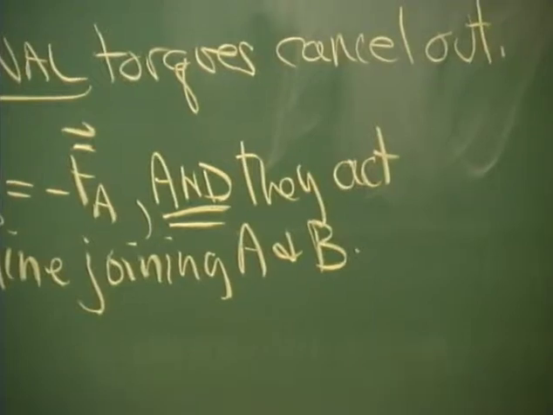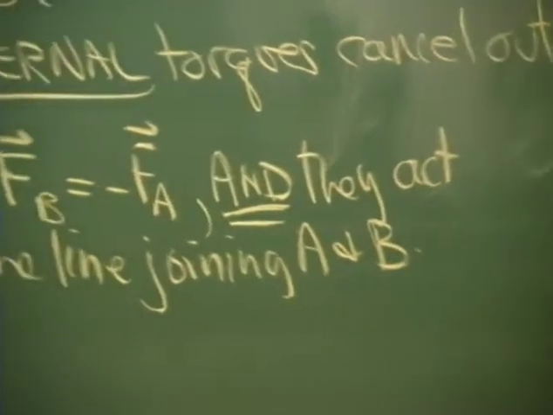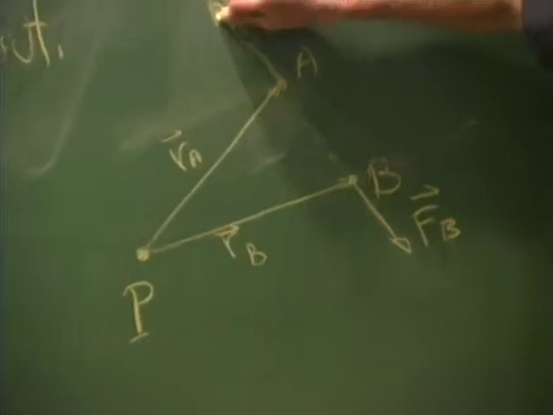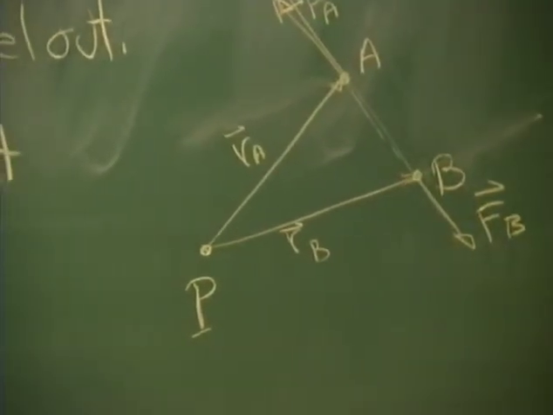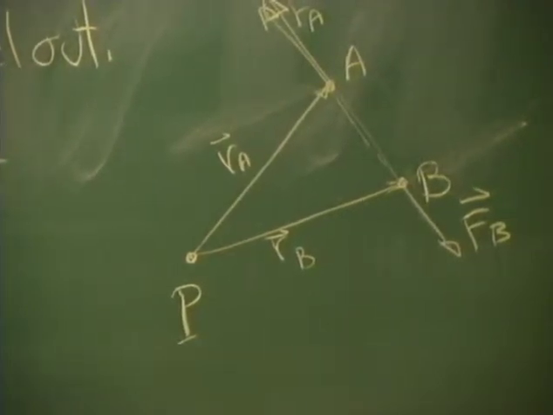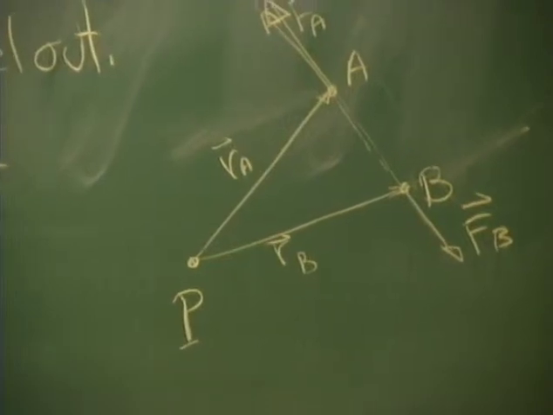So back to the picture that I originally drew, where those forces not only are equal and opposite, but also point along the line joining the two here. Then I think it's pretty clear, the line of forces is equal for both of them, and therefore the lever arm is the same for both of them. So in that case, I've got equal and opposite torques, and the internal torques cancel.